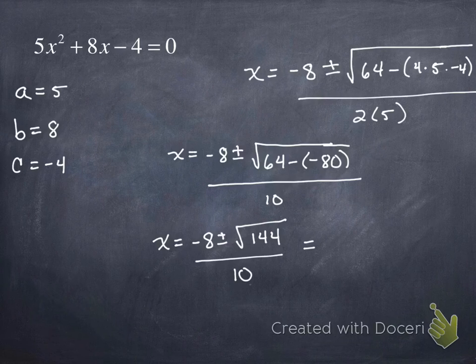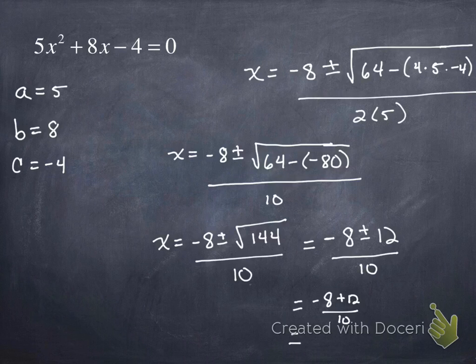144 has a perfect square, so we're going to go ahead and take it. And the square root of 144 is 12, so I have negative 8 plus or minus 12 over 10. This gives me two solutions, and it's very easy to clean this up further, so I'm going to go ahead and do that. The first one is negative 8 plus 12 divided by 10.